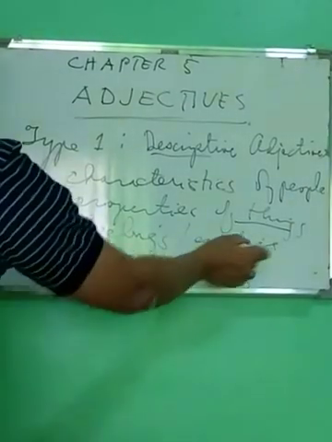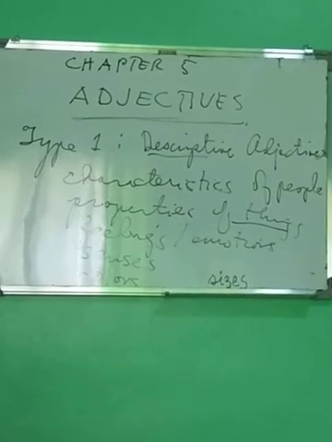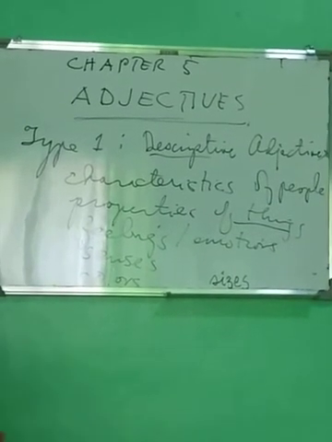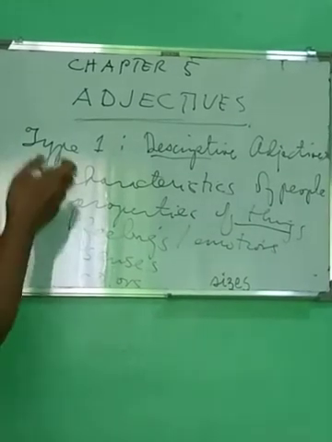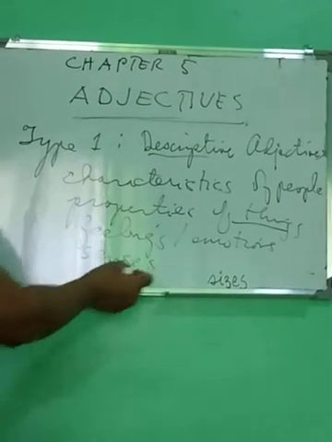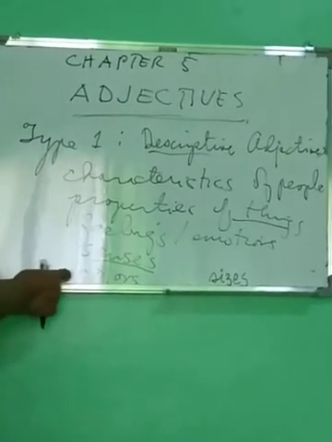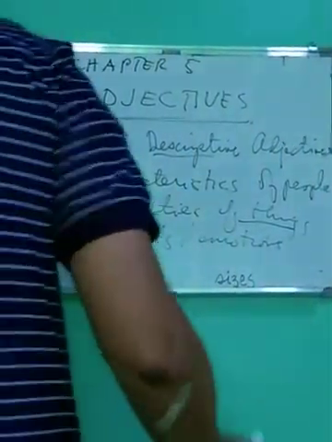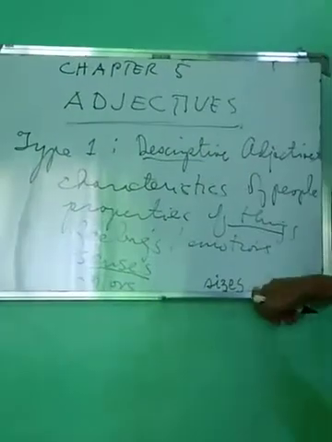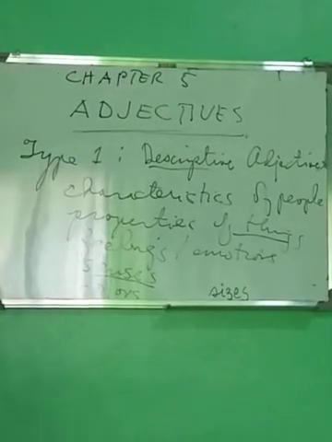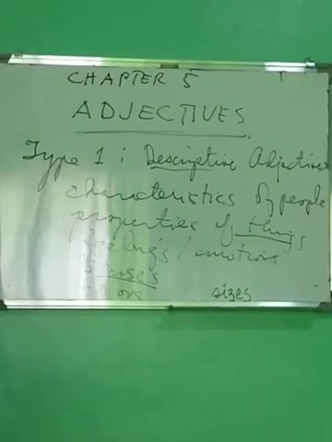Now, for senses, by the use of your senses would be perhaps cold, hot, rough, soft. Then colors, of course, you already know: red, white, blue, etc. And for sizes, again, could be small or large, depending on the thing that you will be describing.